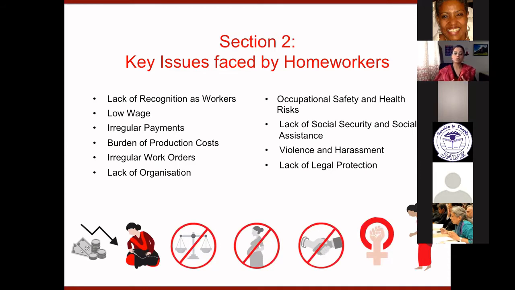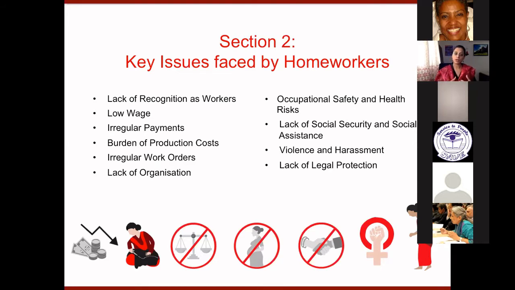The second issue we've talked about is low wages, irregular payments, burden of production cost. When we say burden of production cost, it's the electricity bills that they get because of the work, but it's also about the machines, the sewing machines that they use, or the amount of money they invest in buying threads, scissors, and all those things.